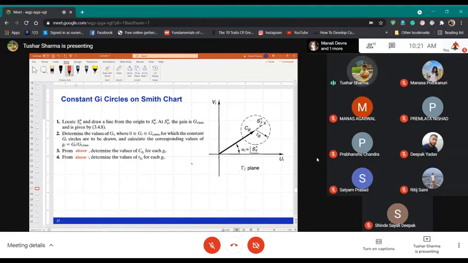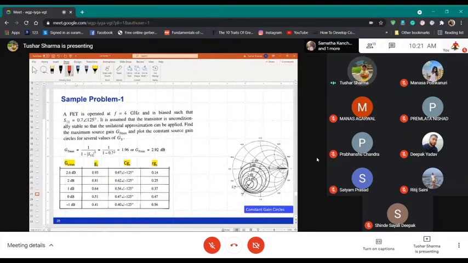So determine the value of GI where GI belongs to 0 to GI max, for which you will calculate small g using GI over GI max. Now from the equation, we can determine the values of CGI and RGI. And then once we know the center and radius, we start plotting the circles.